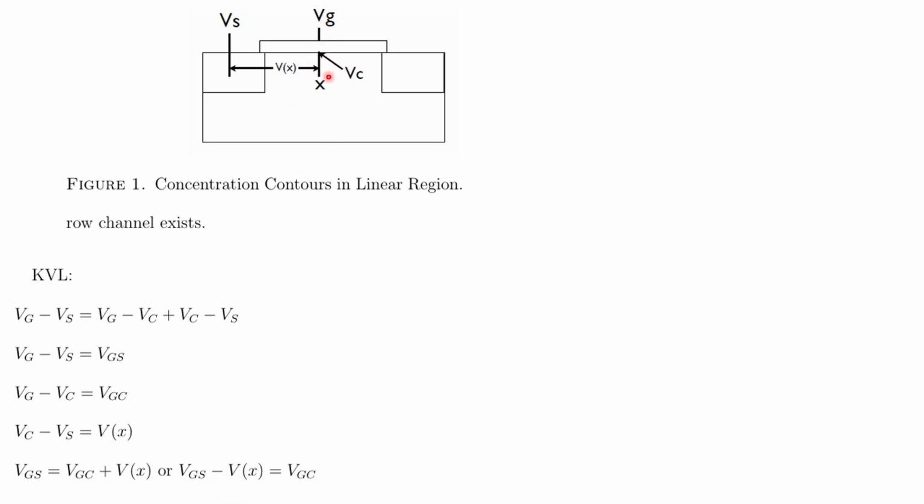Why are we trying to find the voltage across VG and C? Because with the help of this voltage only we can find the amount of charge across this capacitor. Why? Because the SiO2 layer will act as a capacitor, right?